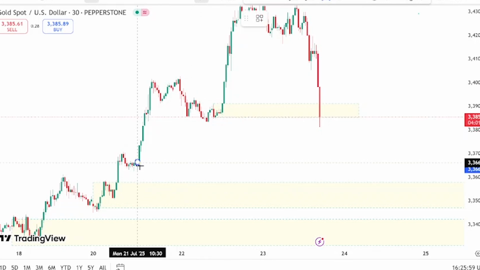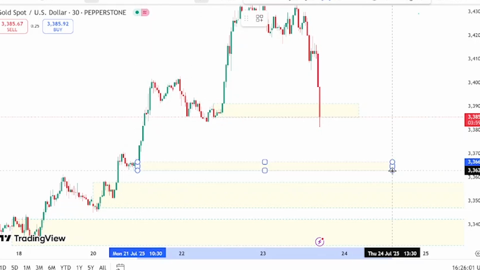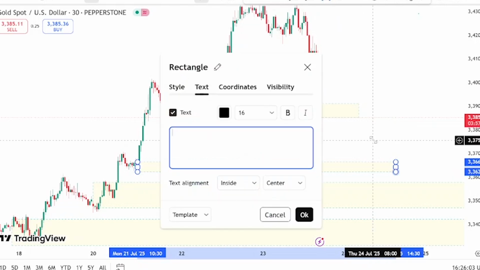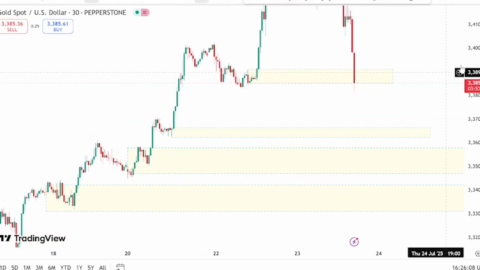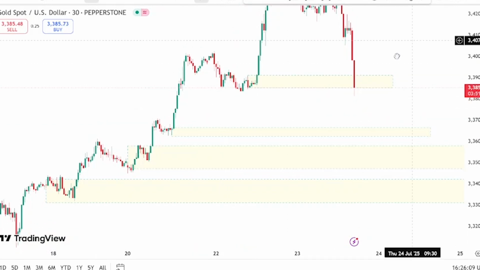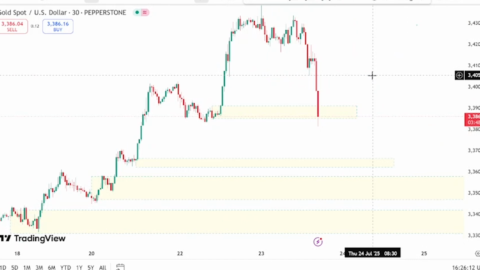We have a demand zone from this area, but this area is not stronger. The deeper the market creates a pullback, the higher the possibility of taking a trade and getting so far from the deeper areas.